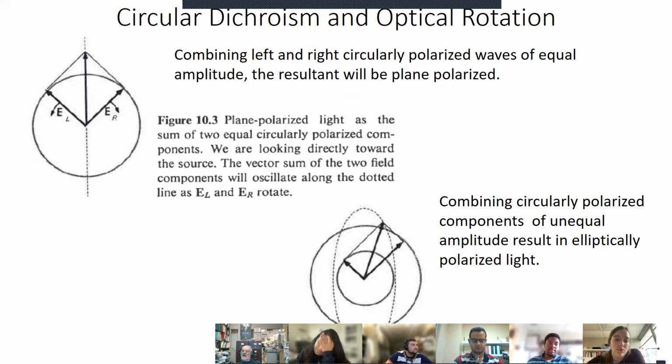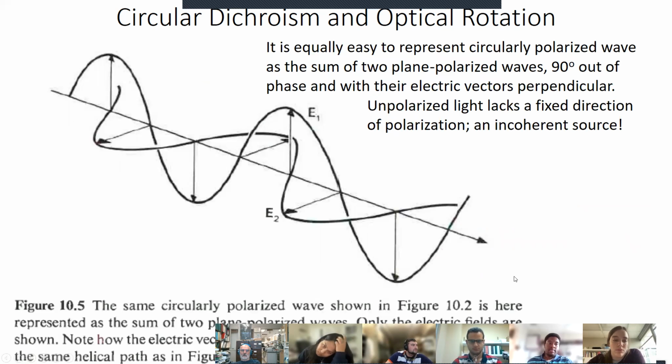All right. That gives you a hint as how you might make light like this. And so that's the first thing. You can make circularly polarized light. So if you have two plane polarized waves, but they're not quite in sync. And what that means is that the peak of E1 corresponds to the 0 point in E2. So they're out of phase.